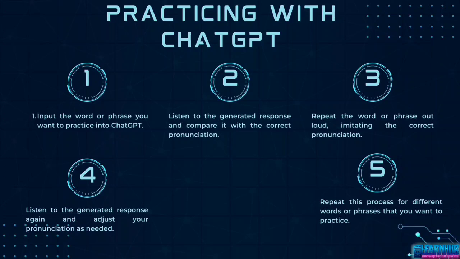Art, music, and literature are also important aspects of culture. Learners can ask ChatGPT about famous artists, musicians, or writers from the culture they are learning about and learn about their contributions to the culture. So, some questions you can ask are, who are some famous artists, musicians, writers from this culture?